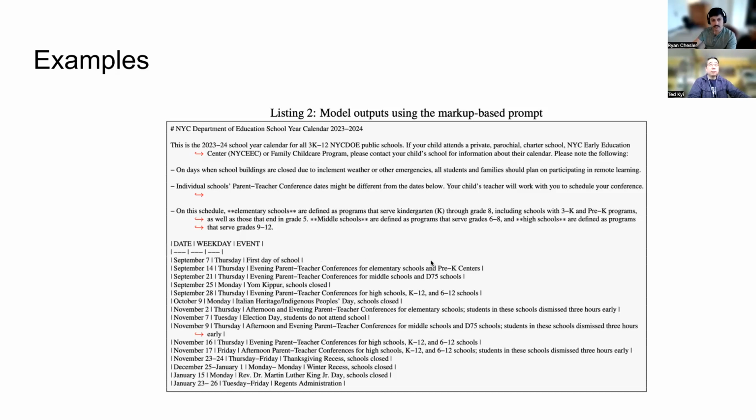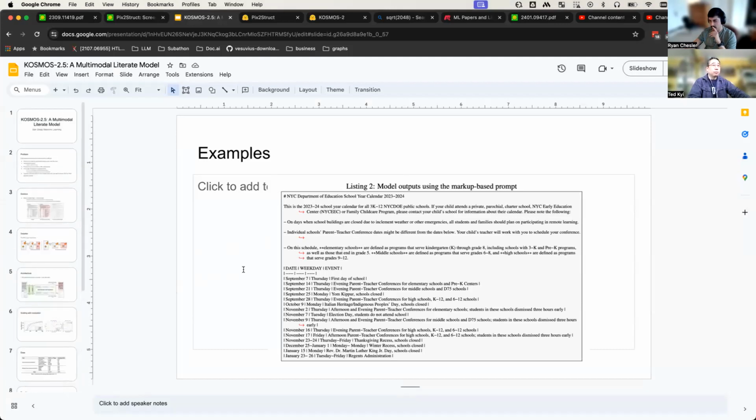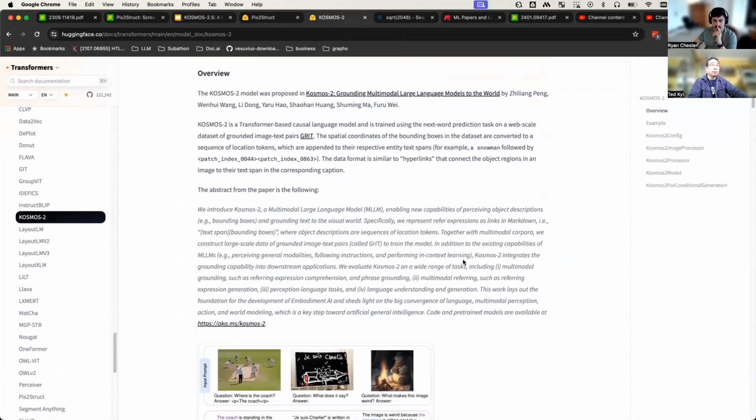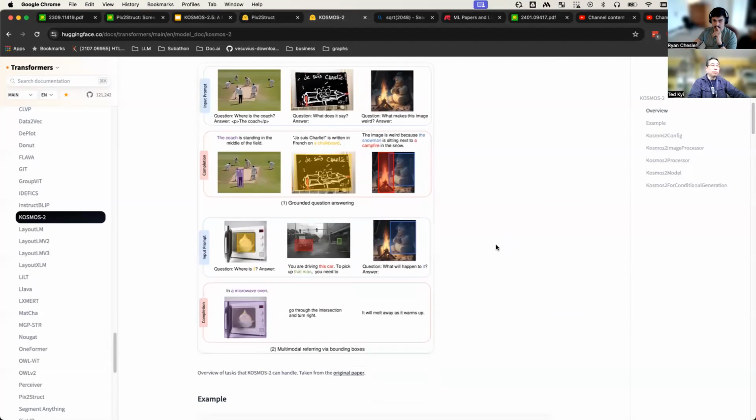So this is all I have in terms of slides, but I wanted to show one of these, the Cosmo 2, because the Cosmo 2 is actually really interesting as well. This one isn't as document focused. It was all focused on images and grounding.